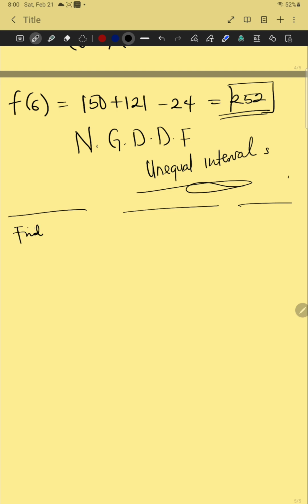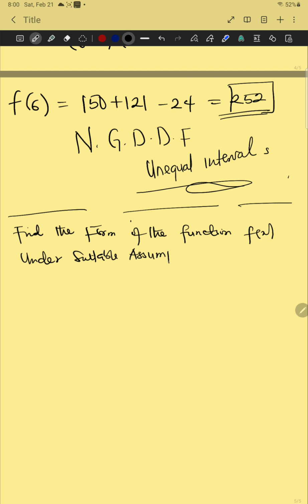Find the form of the function f of x under suitable assumptions from the following data.